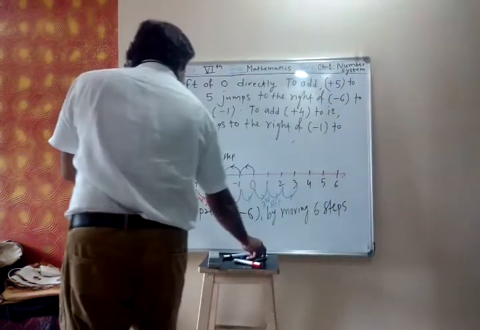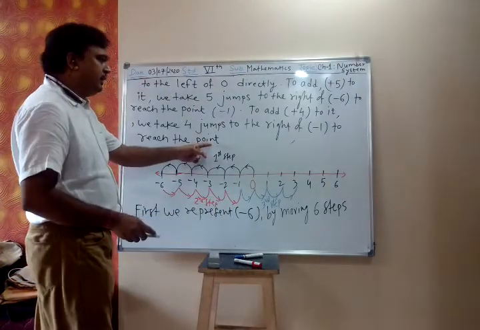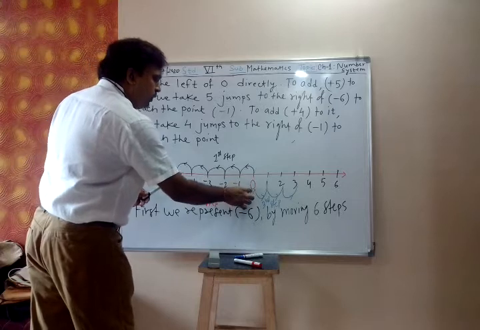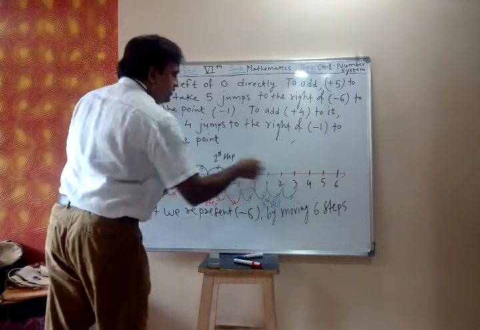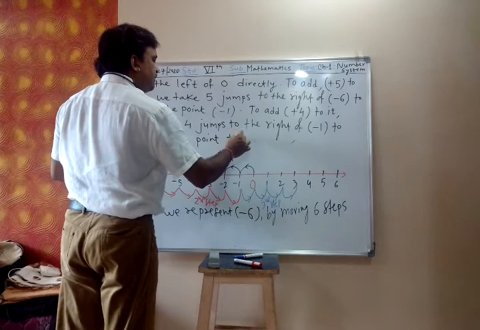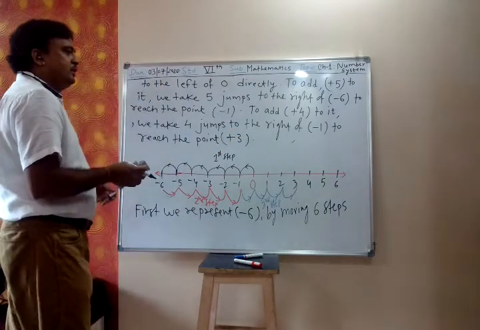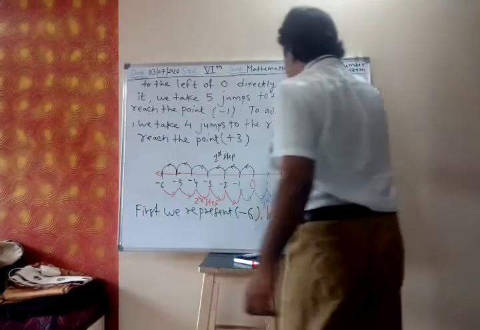So from minus 1, when we make 4 jumps to the right, 1 jump, 2 jump, 3 jump, 4 jump, we reach the point plus 3. So we write the answer.